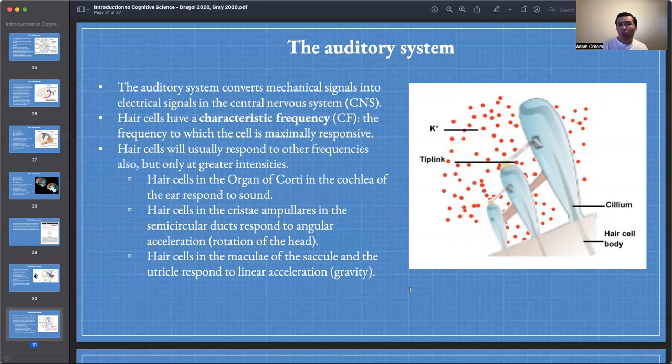Hair cells will usually respond to other frequencies besides their characteristic frequency, however, only at greater intensities. It's called the characteristic frequency because they're selectively tuned to that frequency most, so in response to it, they have the greatest responsiveness.